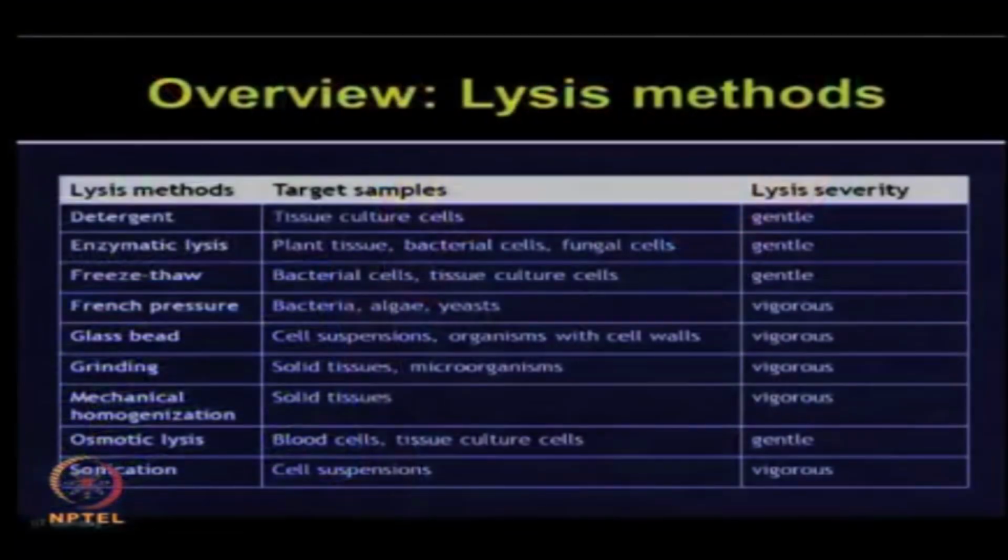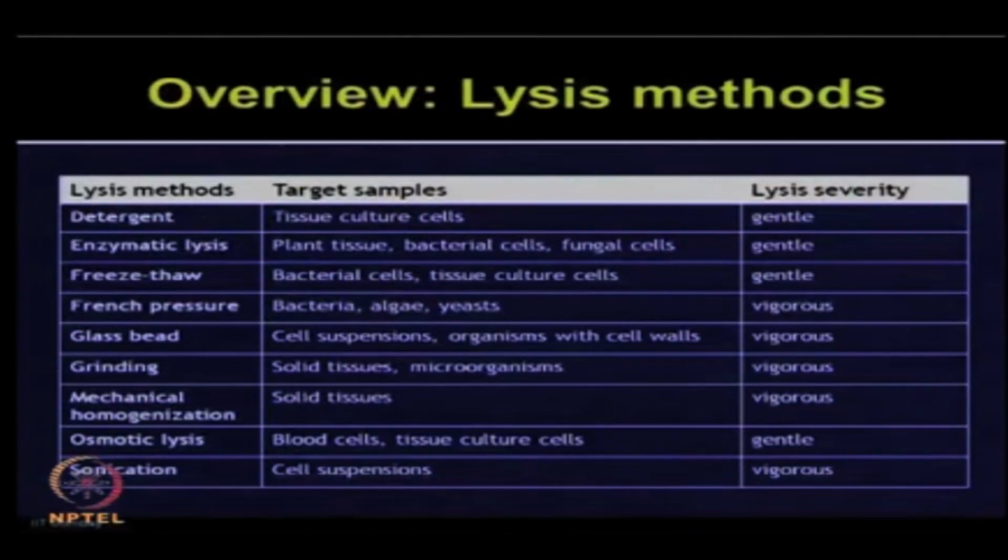Glass beads are used with cell suspensions or organisms with a cell wall. This is again a vigorous lysis method. Grinding of solid tissues and microorganisms is another vigorous lysis method. The mechanical homogenization of solid tissues is another vigorous lysis method.